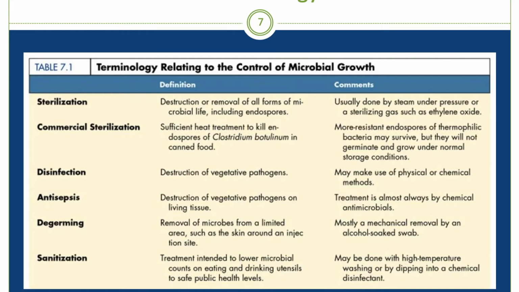And there's commercial sterilization, where the most important in terms of disease-causing organisms are the ones that are targeted. So you have endospores for Clostridium botulinum that are targeted in such an instance. Then there is disinfection, there is antisepsis, there is degerming, and there is sanitization.